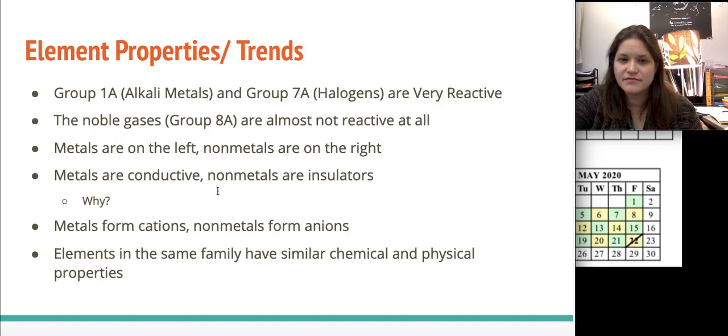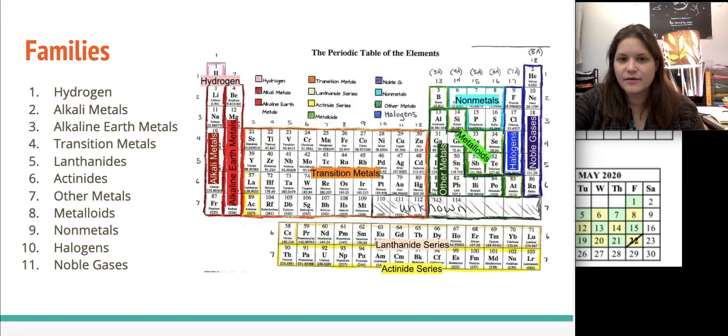Metals are conductive, and nonmetals are insulators. And so my question for you is, why are metals conductive and nonmetals insulators? Well, like we said before, these guys over here, the alkali metals, they just want to get rid of one electron. They want to pass it along. So do the alkaline earth metals, but instead of one, they want to get rid of their group number, which is 2. They want to get rid of 2 electrons.